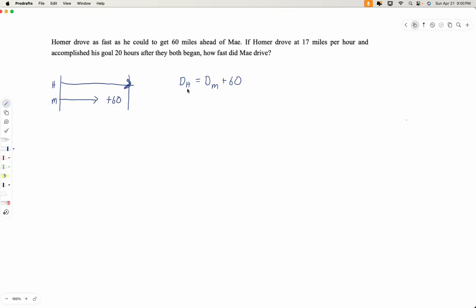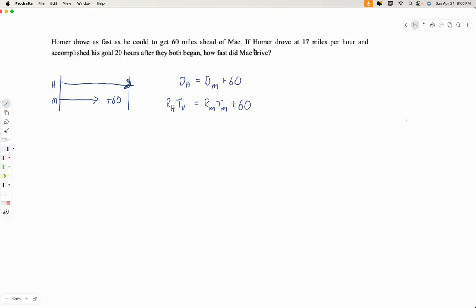That is the picture of the equation that we need to do. And then from there, we break it down into our DRT: distance equals rate times time. So distance equals the rate of Homer times the time of Homer. And the distance of May is equal to the rate of May times the time of May plus 60.